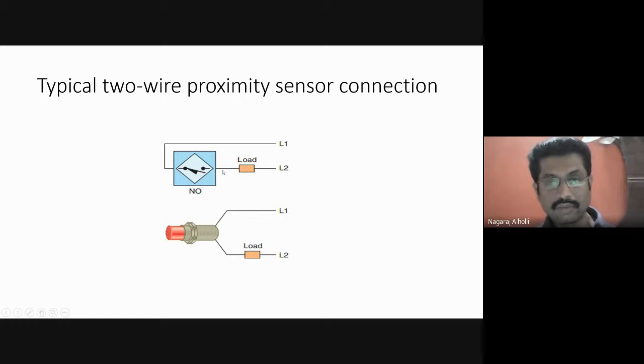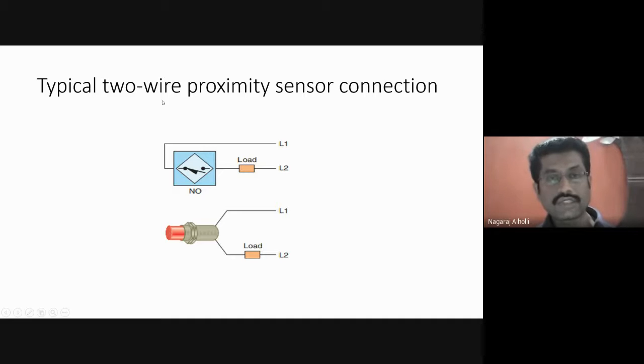One of the terminals is connected to the load in series, and the other one is connected to the positive. There are only 2 terminals here instead of 3. Positive goes to the upper terminal, and through the load it is connected to the negative of the terminal, or the negative of the DC supply voltage.